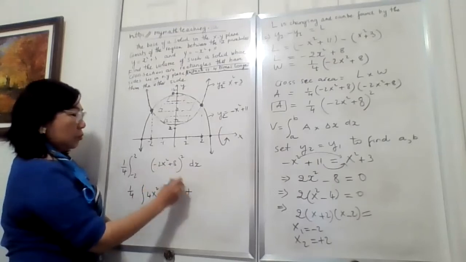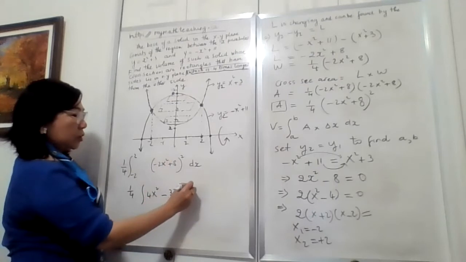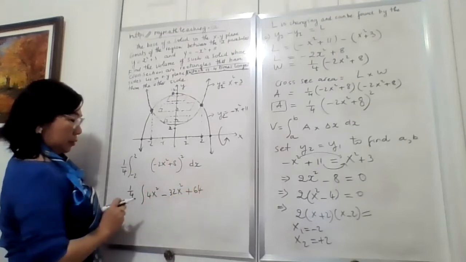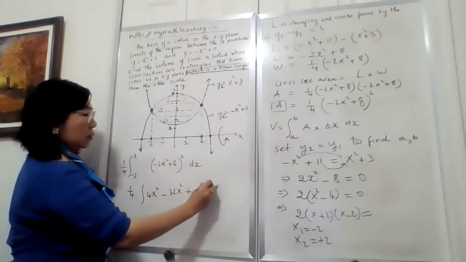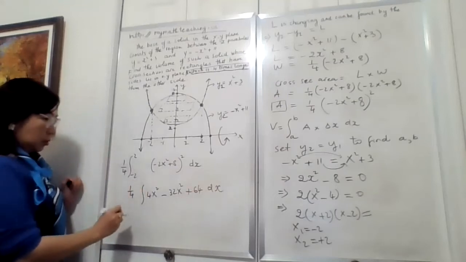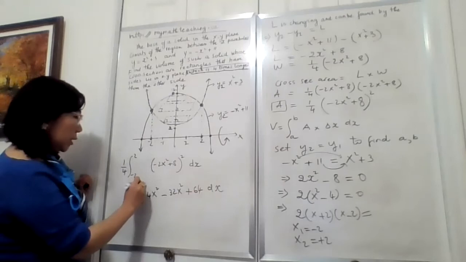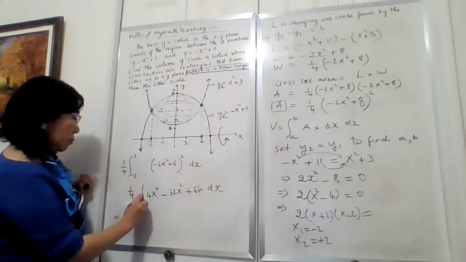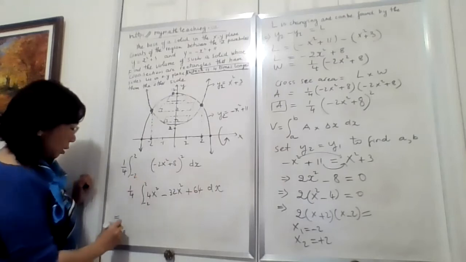And the last term will be B squared, which is 64, dx. So now I'm going to perform the antiderivative, right? And this is from minus 2 to 2.